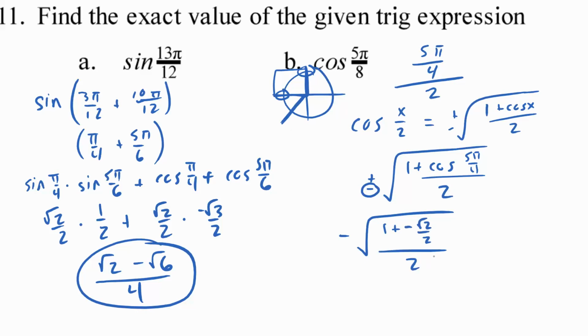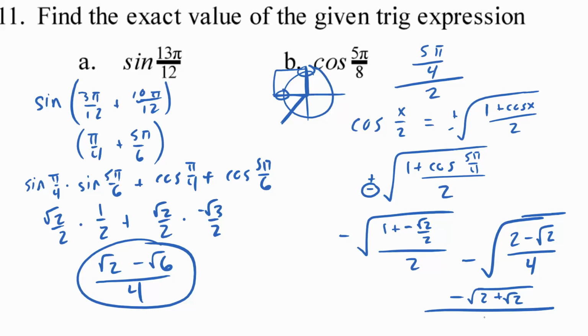And then if we divide everything by 2 and use our common denominator, I think we should end up with negative the square root of 2 minus root 2 over 4, which I think most people will take out the square root of 4 on the bottom and call it negative root 2 plus root 2, all over 4. That'd be a nice, pretty exact answer.